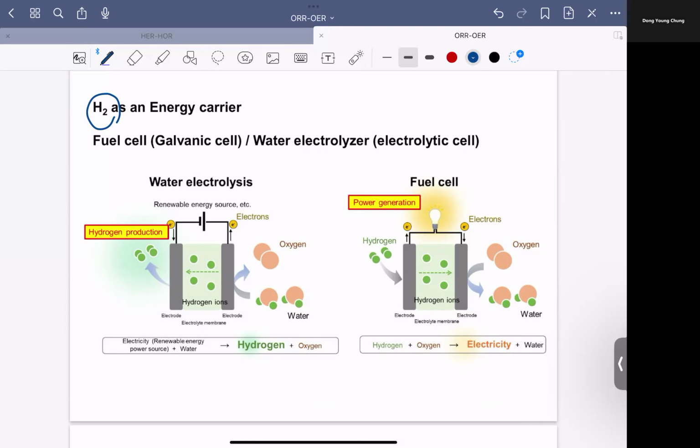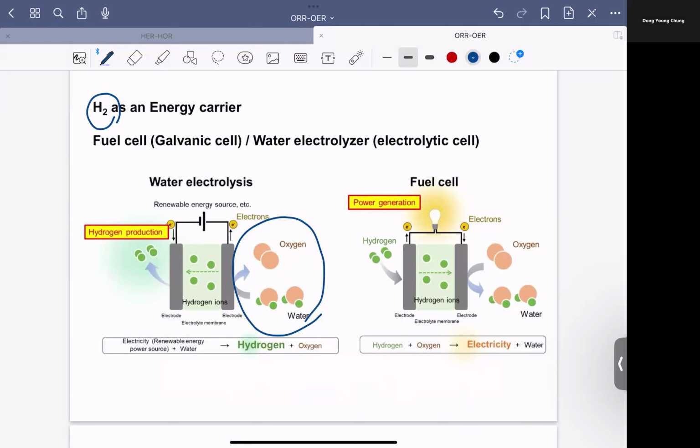If you produce hydrogen from water, we need a counter reaction for oxidation, since hydrogen production, the hydrogen evolution reaction, is a reduction reaction. So something has to be oxidized. We would like to oxidize water to produce oxygen as a counterpart, right? That's the reason why we handle the oxygen evolution reaction.